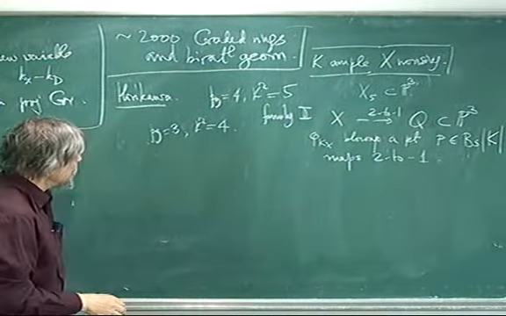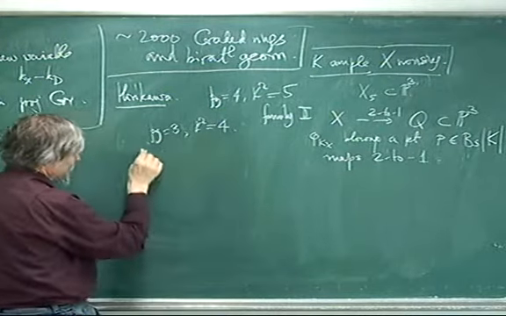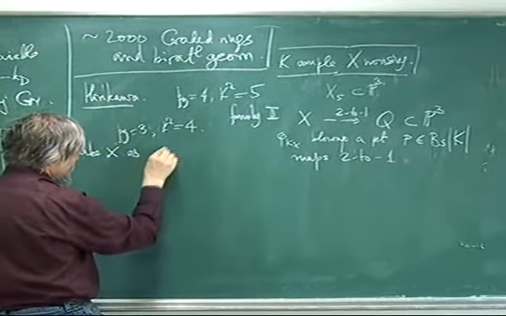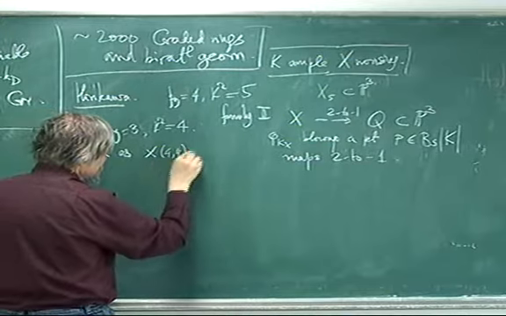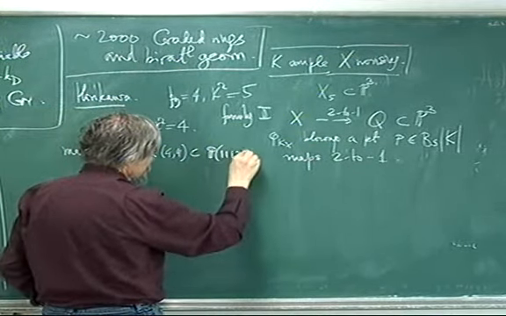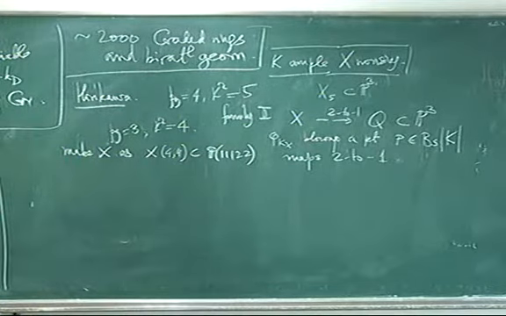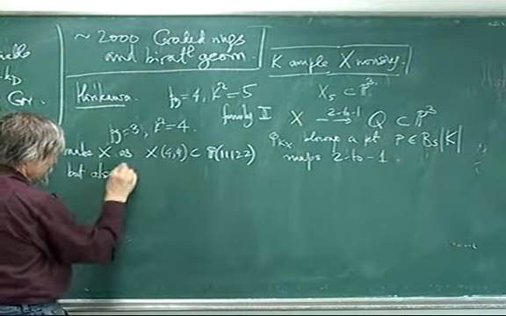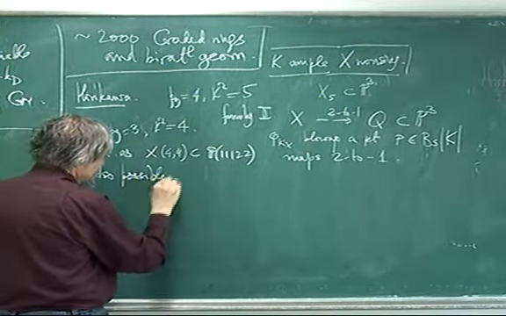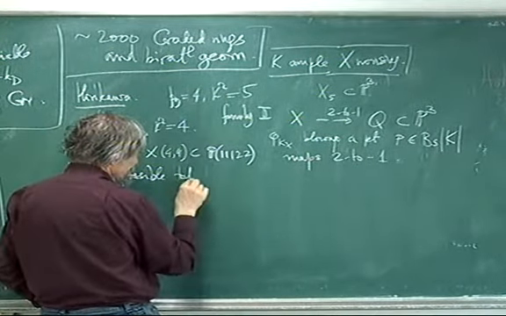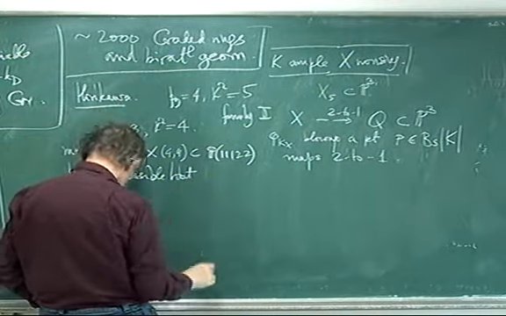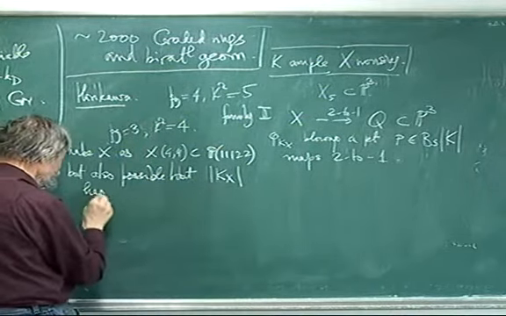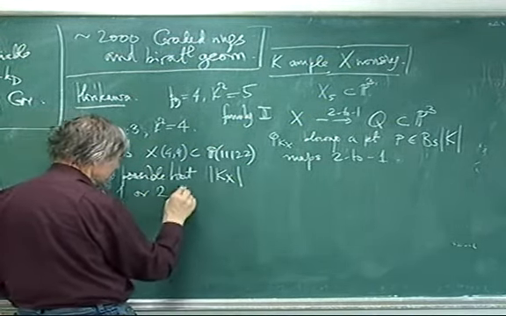And then there's a basically similar thing here. You can make X as X_10 in weighted projective space P(1,1,1,2,2). But it's also possible that K_X has 1 or 2 base points.